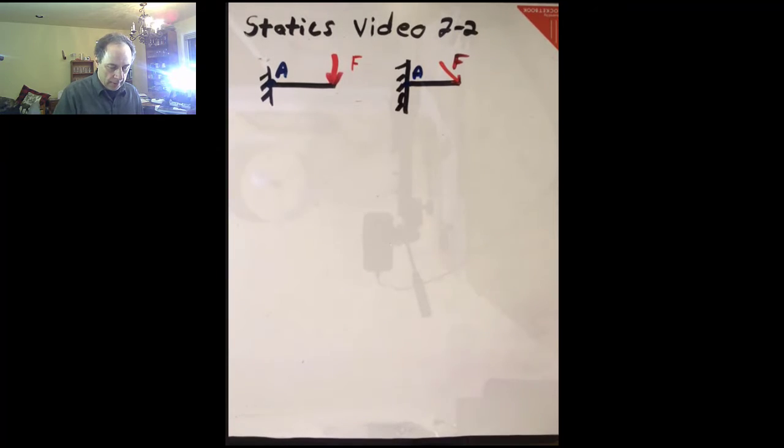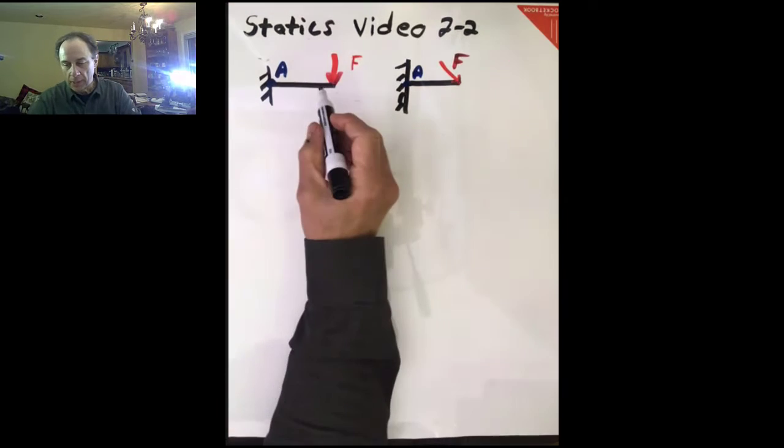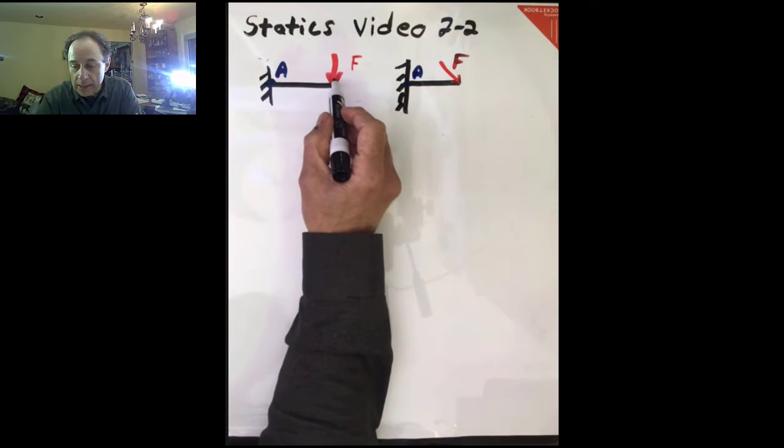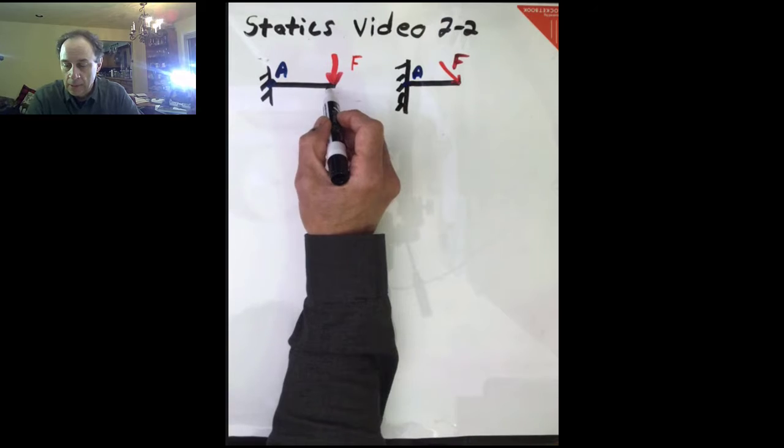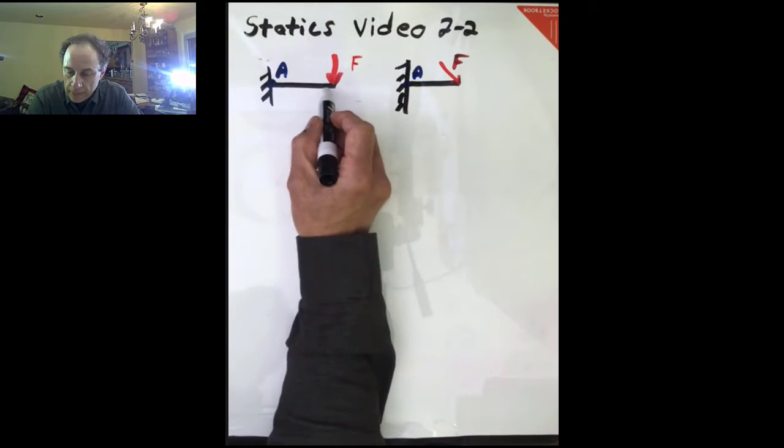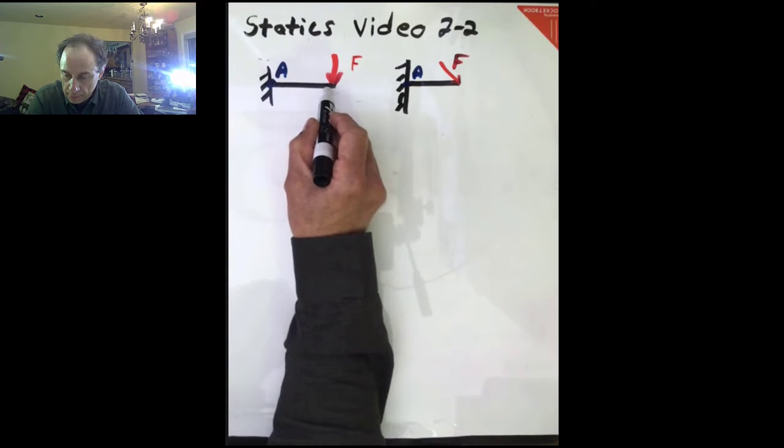Now, will both of these have the same moment about A? And clearly, you see that that's a no, right? F here is perpendicular to the beam, so D is the moment arm.